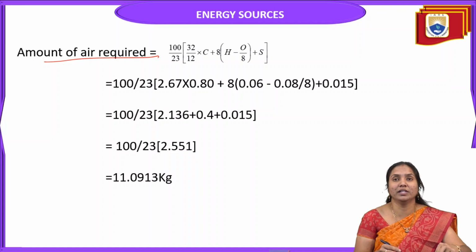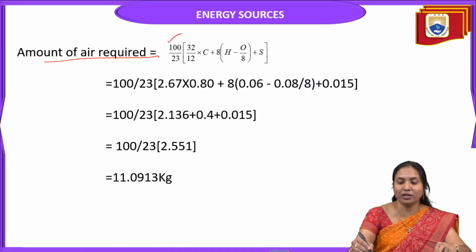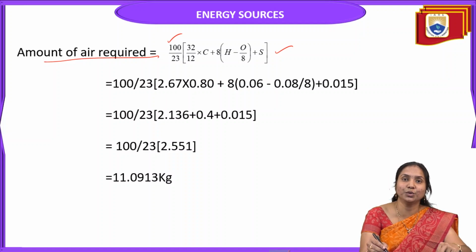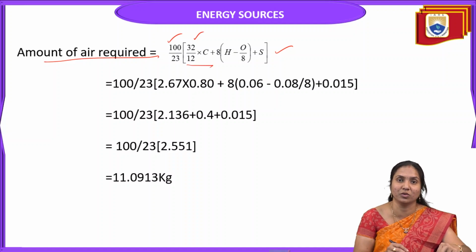As in the previous problem, we are taking it by weight. So we can write the direct formula here: 100 by 23 into 32 by 12 into C. Because 12 kilograms of carbon requires 32 kilograms of oxygen, in the same way C kilograms of carbon requires 32 by 12 into C kilograms of oxygen, as we discussed already.